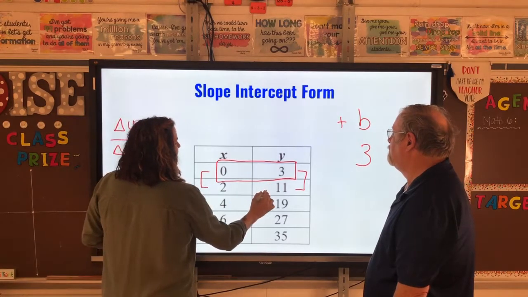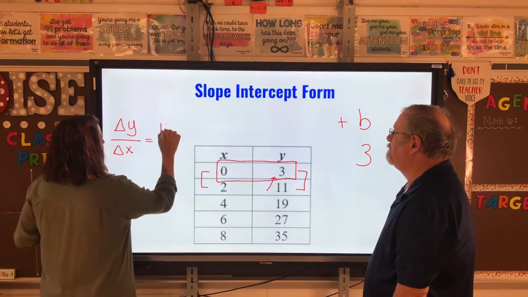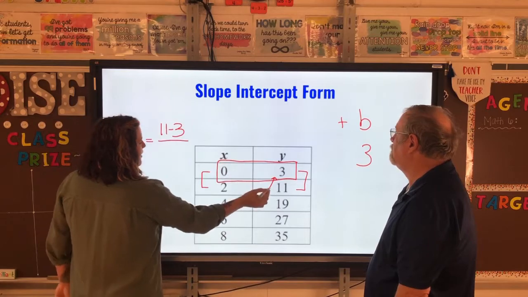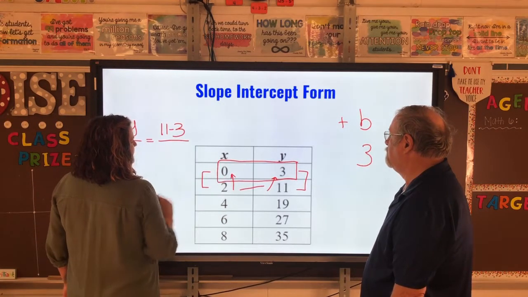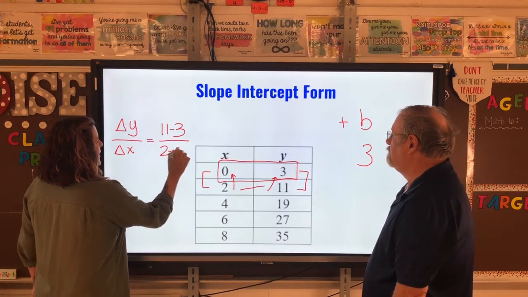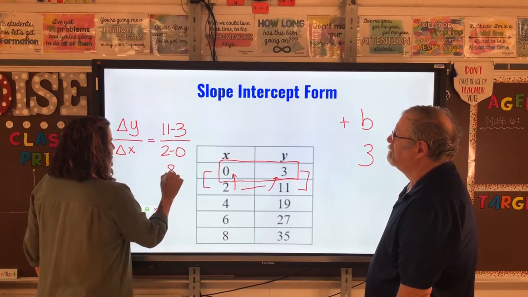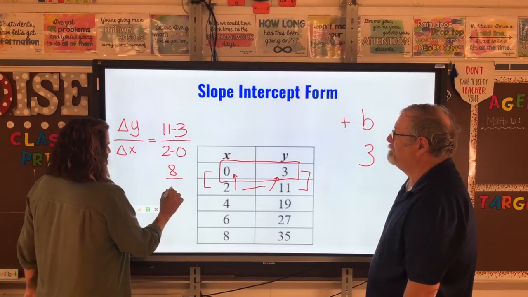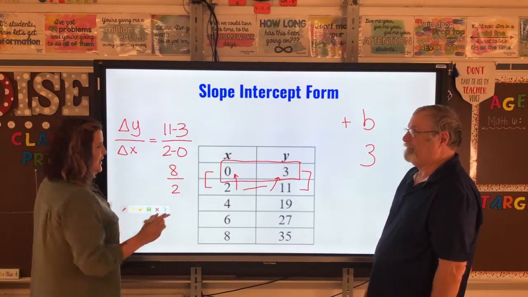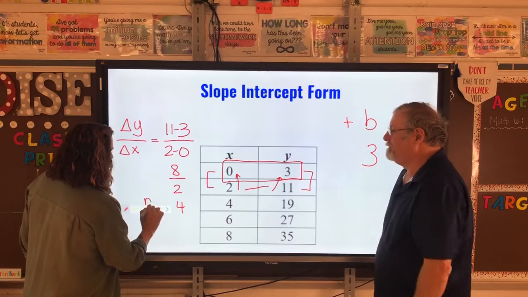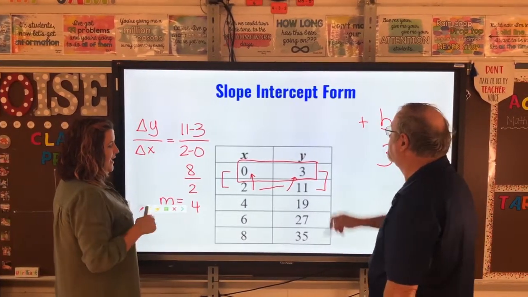So I'm going to take 11 minus 3, and then I move over and subtract those x values: 2 minus 0. 11 minus 3 is 8, and 2 minus 0 is 2. And 8 divided by 2 is 4. So our m, our slope, is 4.